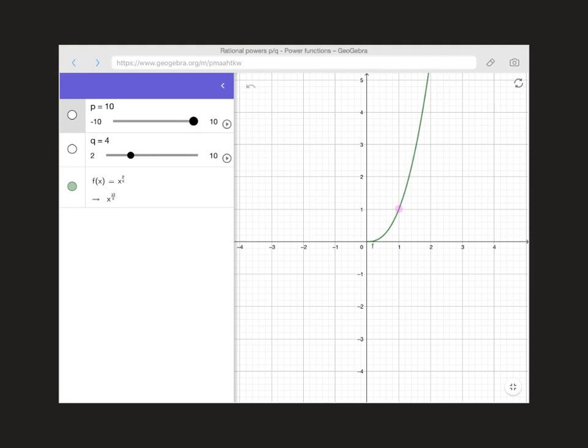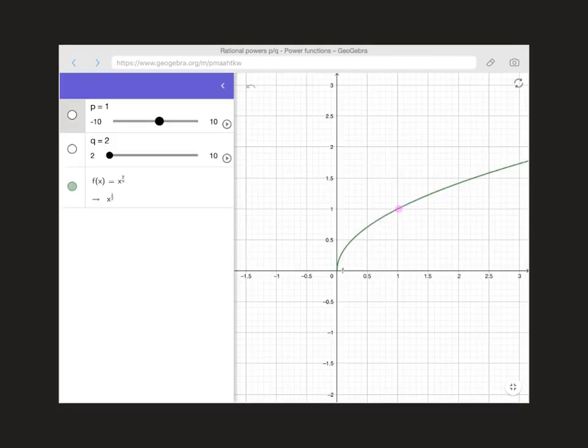So let's have a look at another function, this time with a denominator of 2. Okay, so this is x to the power of 1/2, x to the power of 2 over 2, 2 halves, which is 1, so x to the power of 1. So you end up with the line y is equal to x.